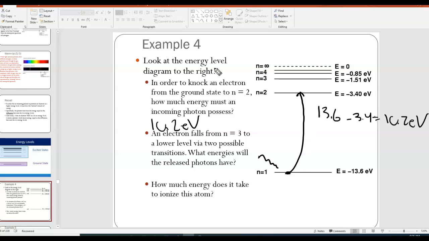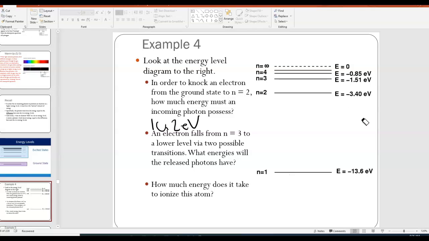So the next question says an electron falls from n equals 3 to a lower transition via two possible transitions. What energies will the released photons have? I'm going to erase this a little bit here, just so I have room. If I have an electron that's become excited somehow, and it's sitting in n equals 3, it's going to fall down naturally, because everything has a natural tendency to go to a lower energy level.